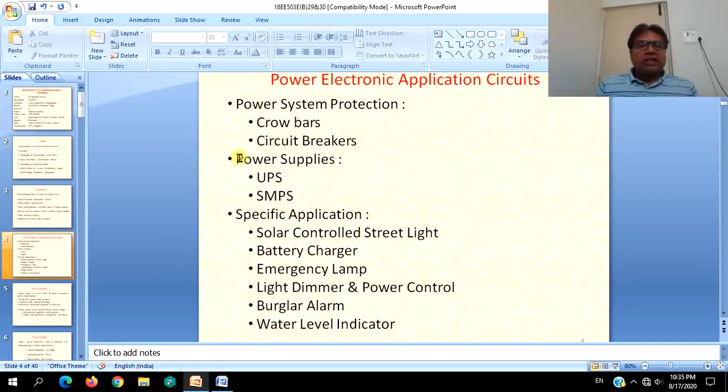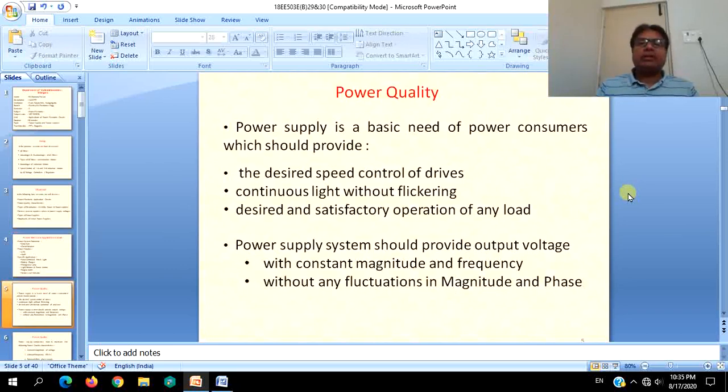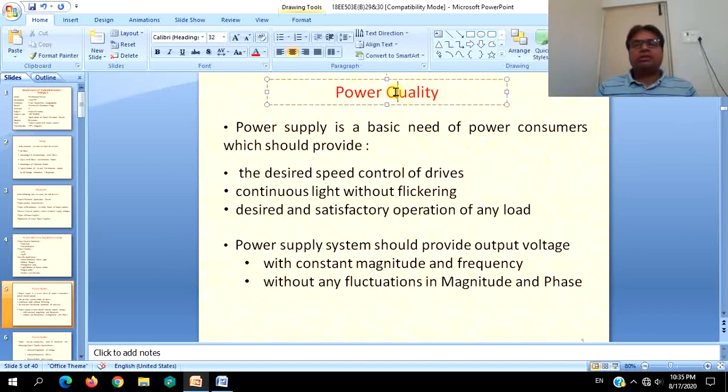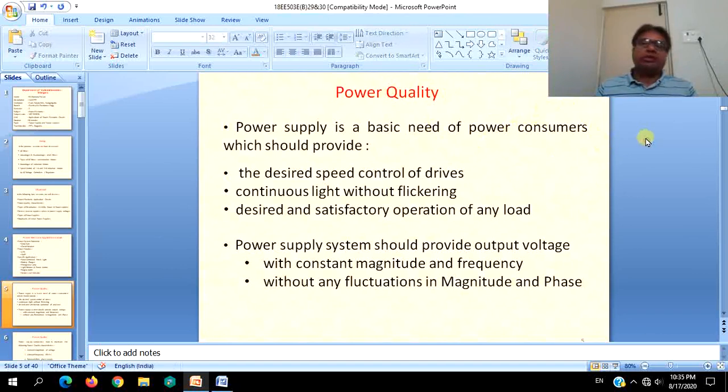The first aspect which we are going to concentrate on is power supplies. But before going into actual UPS and SMPS, there are many things which we have to discuss. We will just go through them. The first thing which comes to our mind is quality of power, or power quality. So what do you mean by quality of power?